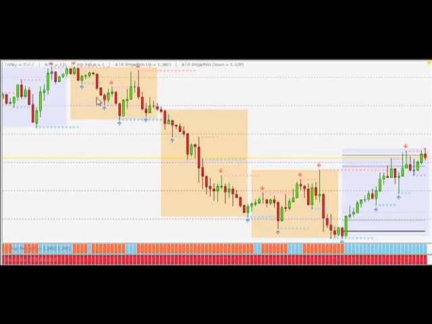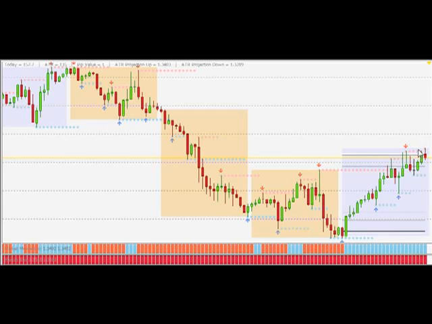As you can see on this particular day, the average true range was 135 pips and it's already moved 157. So these black lines would be your true range, the range that it normally moves. And these are dynamic. They change position. And you can see it's already bypassed those.